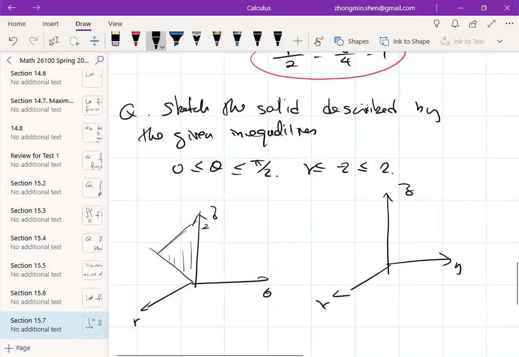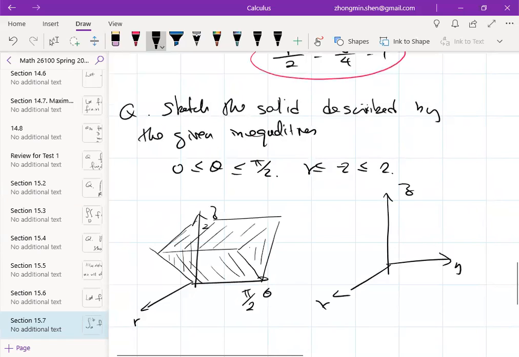Okay. So in the cylindrical coordinate system, this will be the picture. This is a region, and it's going to be pi over 2. So it looks like that, and I'm trying to draw. I'm not good at drawing 3D pictures, but this is what I can see.